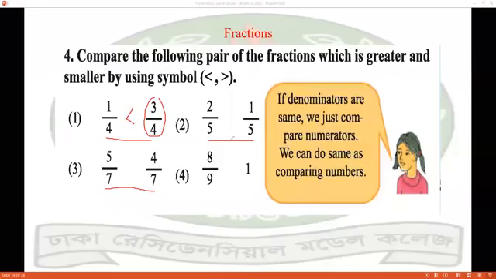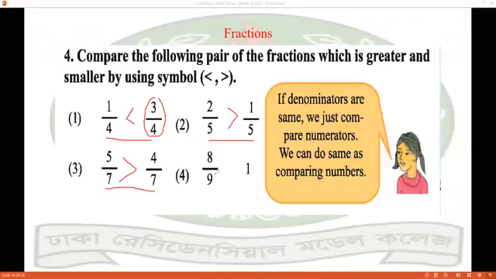Here the denominator is the same, but the numerators are 2 and 1. So 2 is greater than 1, so this fraction is greater than 1 by 5. Same here, 5 is greater than 4, so this will be greater. Here there is the integer 1 and 8 by 9.